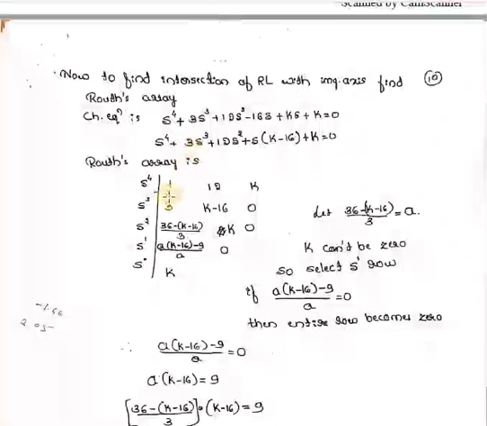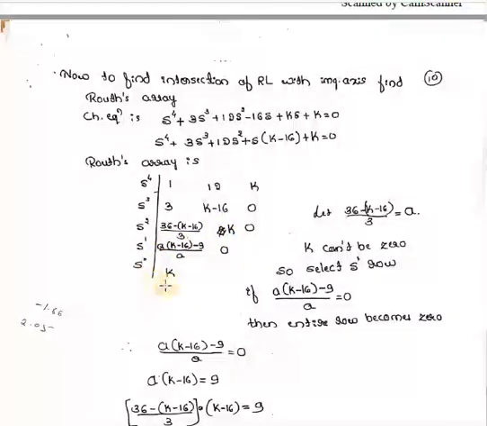Similarly, s cube term, this s term, and here it is 0. Now to write the things here, 12 into 3 is 36 minus this into this, k minus 16, divided by 3, and here to write this one, k minus 16 into k, 12 into 0 will be 0, divided by k minus 16. So k minus 16 in the numerator and denominator will get cancelled, left with only k.